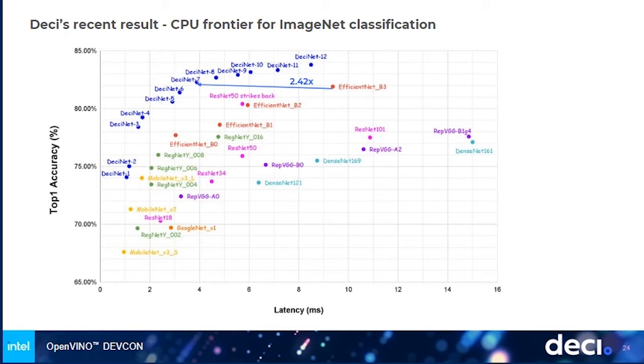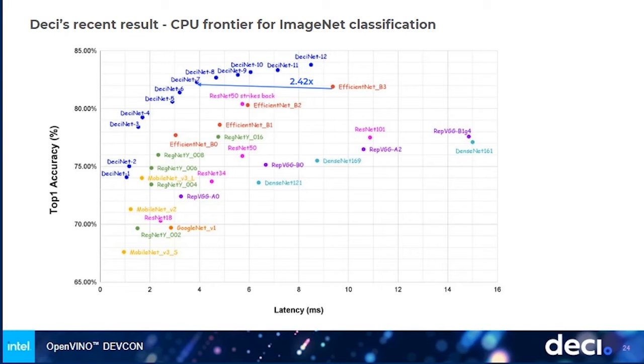Also, we can see with ResNet Strikes Back, almost twice as fast with the same accuracy, and EfficientNet B1 is 3.14 times faster, which is very impressive performance.